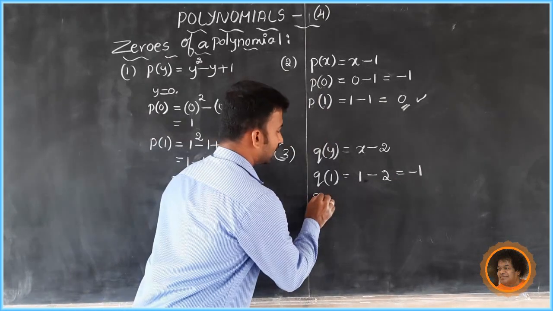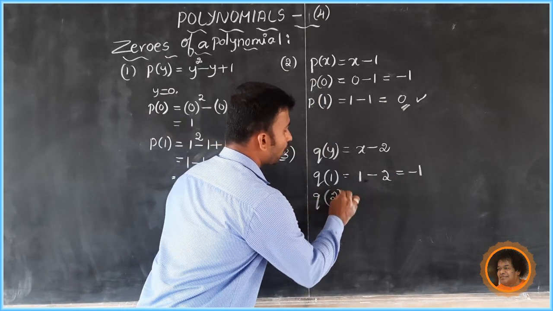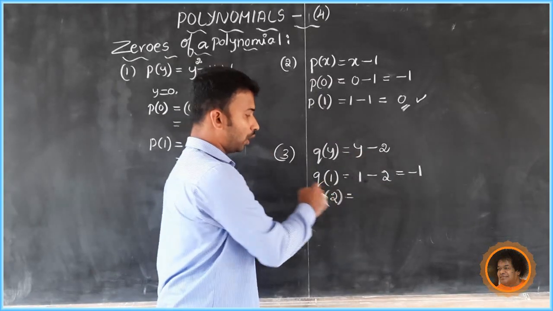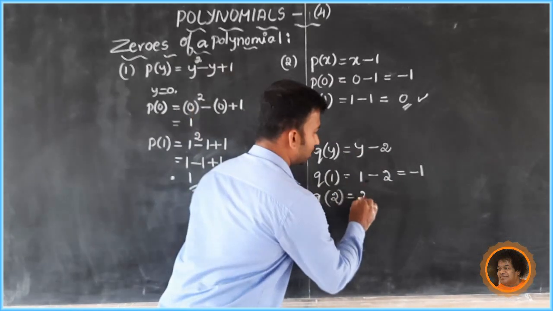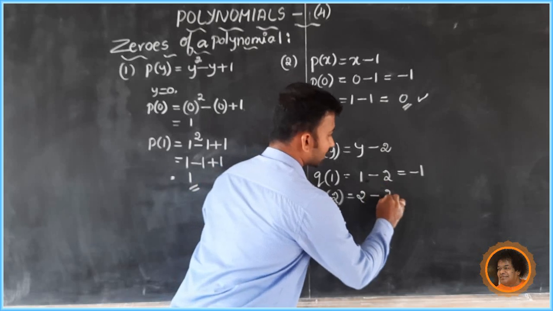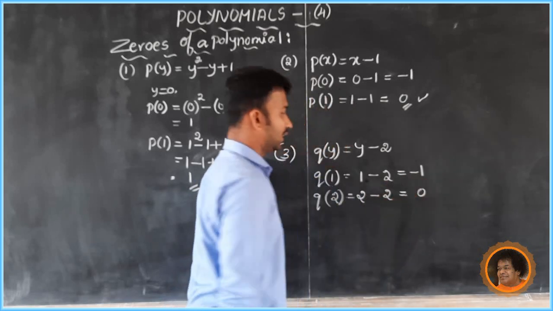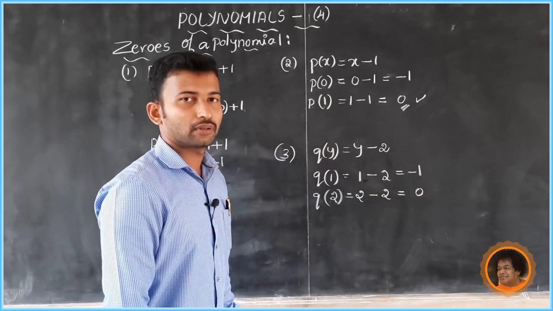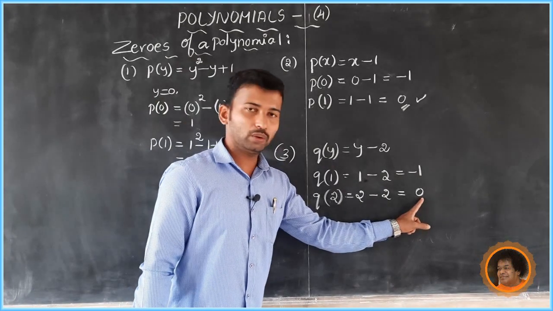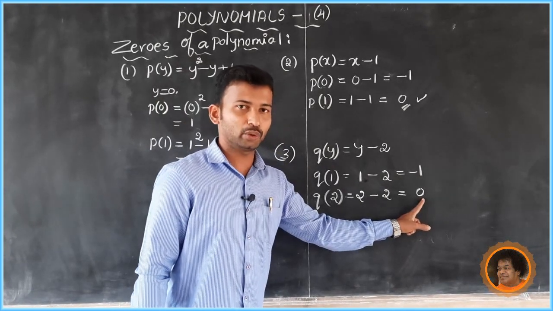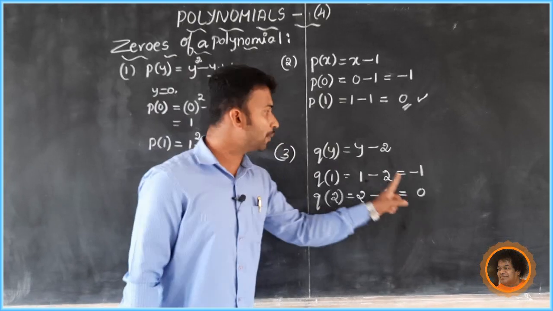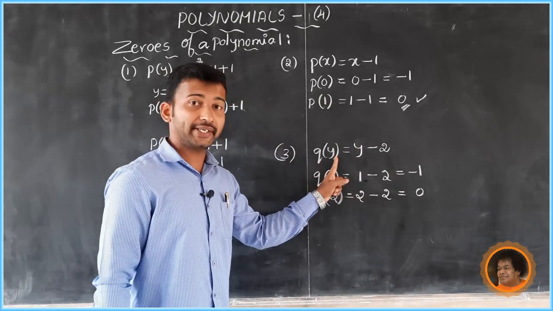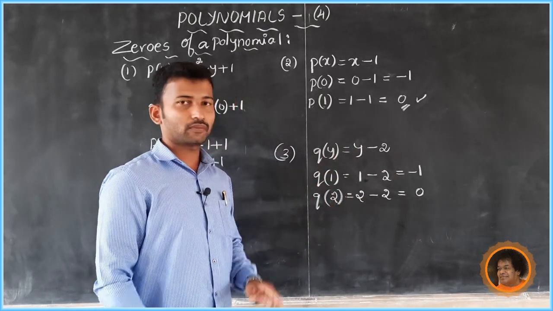And next, let us find q of 2. Y equal to 2, substitute: 2 minus 2 is equal to 0. 0 is the answer of the polynomial q of y at y is equal to 2.